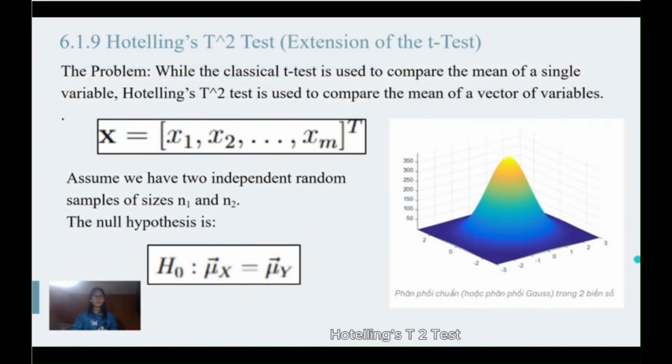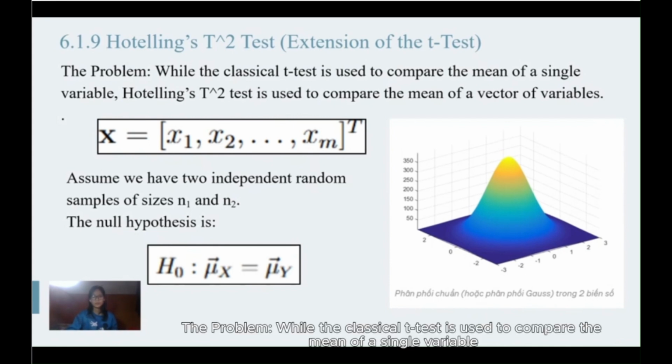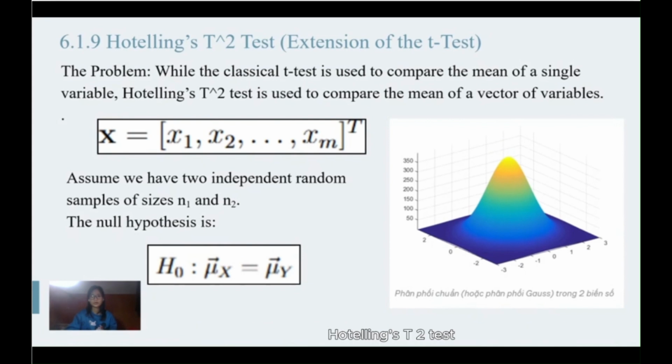Now the Hotelling T-squared test. The problem is that the classical t-test is used for a single variable.